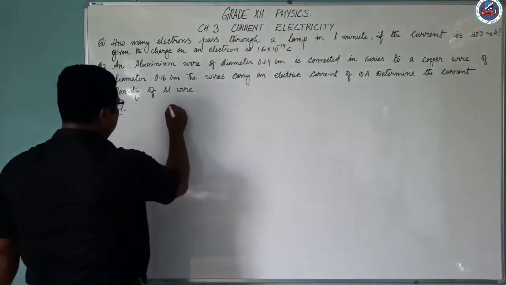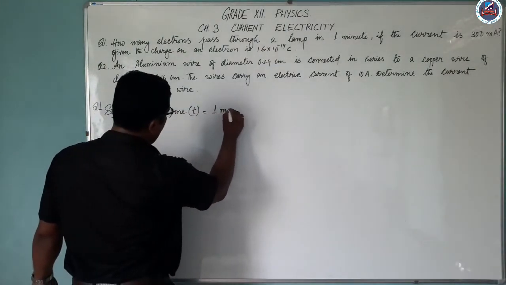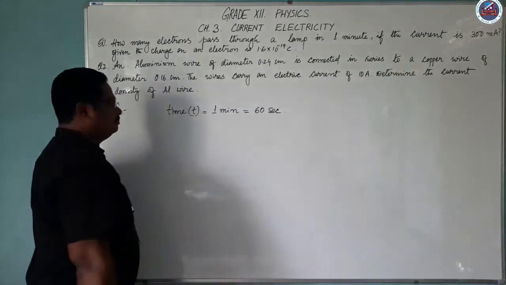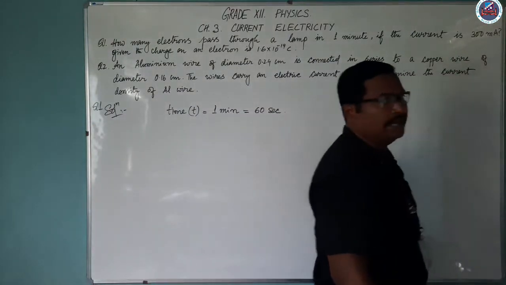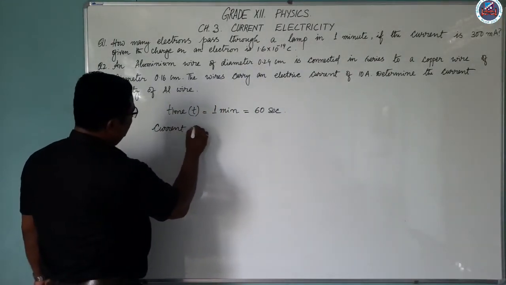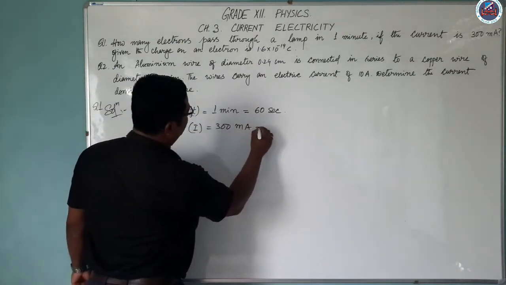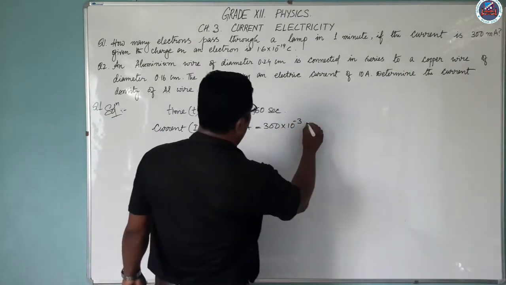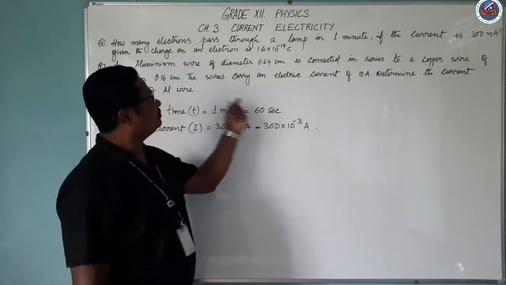Time is given to us, so write time t is 1 minute. 1 minute is equal to 60 seconds. We have to convert to the SI system. The SI unit of time is second. If the current is 300 milliampere, so current I is 300 milliampere, milli means 10 to the power minus 3 ampere, we convert it into SI unit of current, ampere.